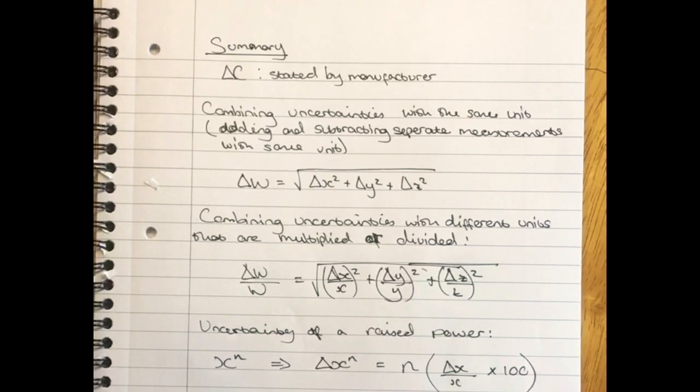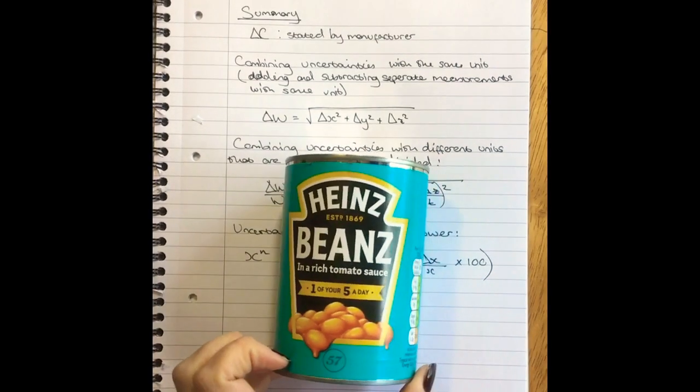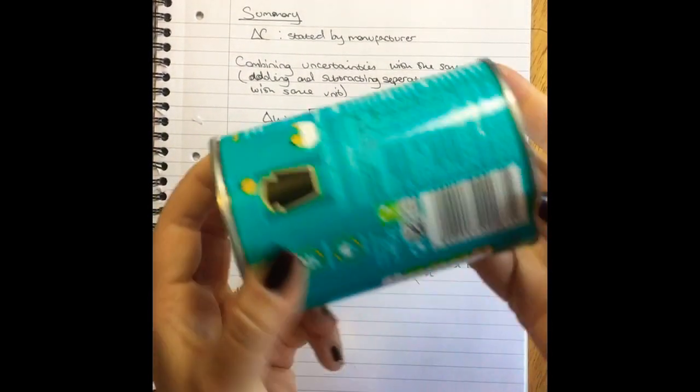So to bring this all together and try out something that's a little bit different and a little bit more challenging, our final activity in this particular series is going to be measuring the density of a baked bean can. At least I'm going to be using a baked bean can. You can literally use any cylindrical can, it doesn't matter what's inside it.